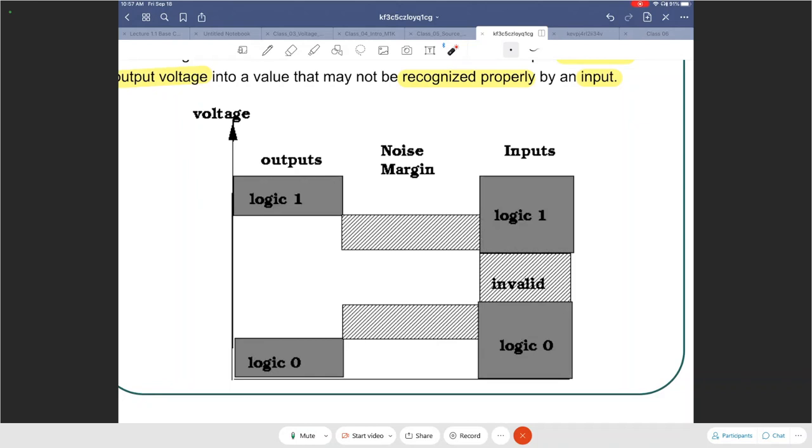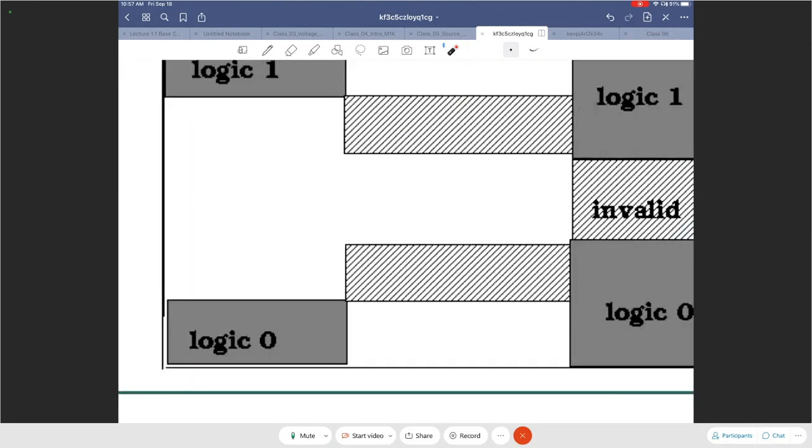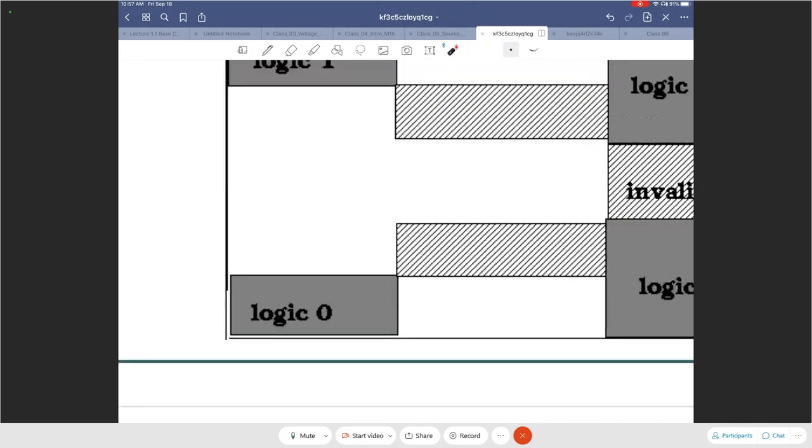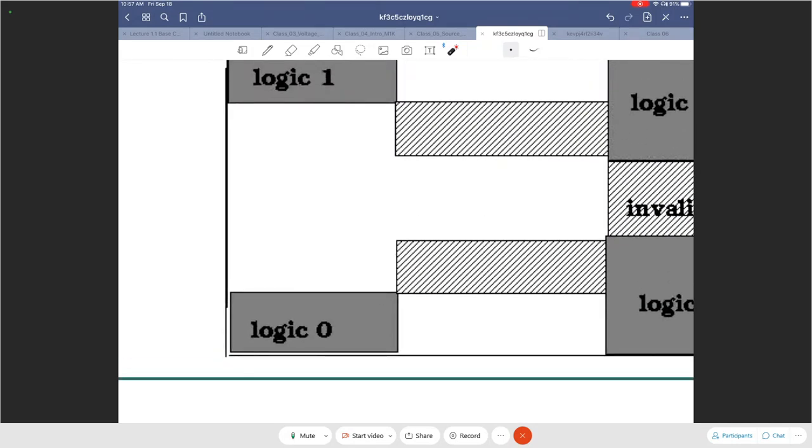Now, suppose the output of logic gate 1 is logic 0. What would be the worst case scenario? The worst case scenario for me would be here. What is that?